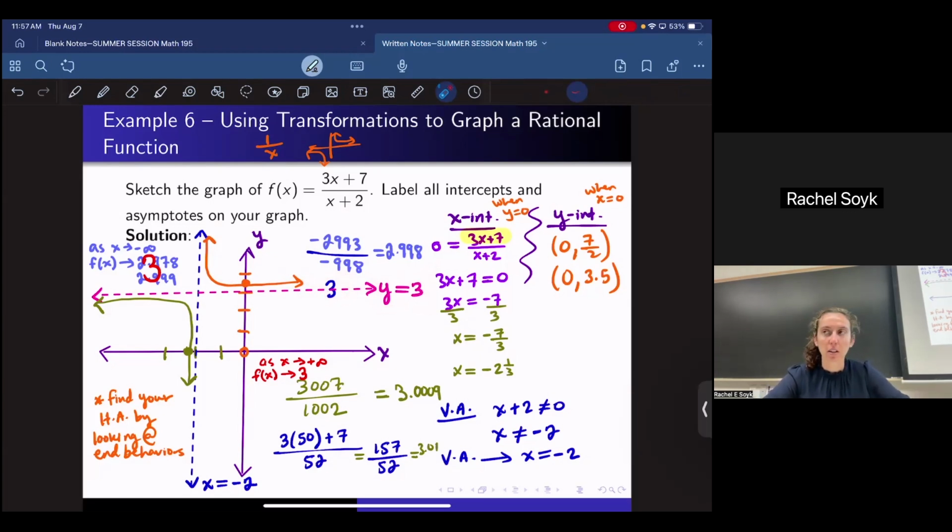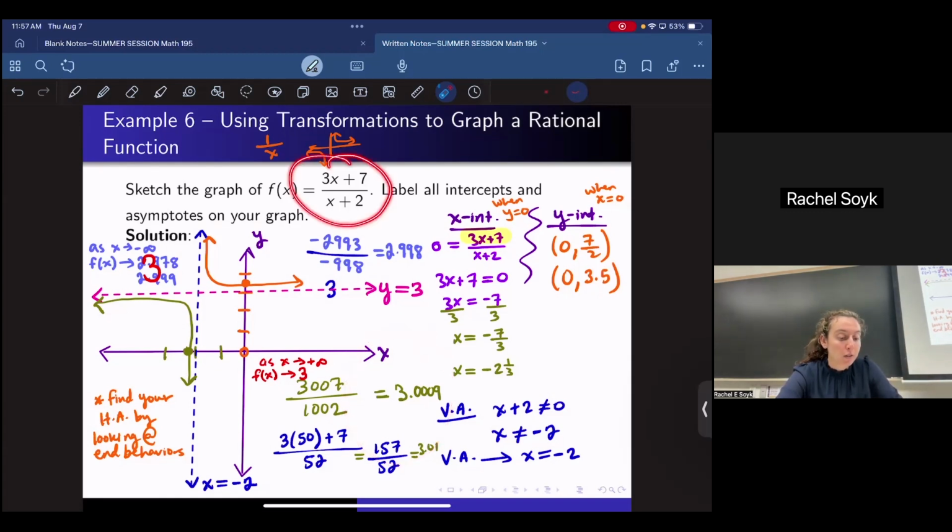Any other questions on this? Yeah, use your end behaviors to identify your horizontal asymptotes, and then use undefined denominators to identify your vertical asymptotes. I will teach you a trick if you're getting really confused about the whole calculation from the left and right.